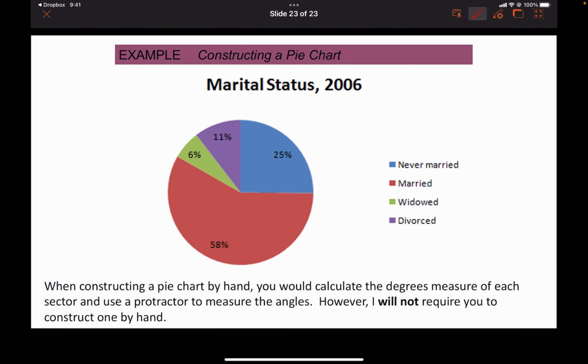You can make a pie chart with a protractor and a compass, but I am not going to require you to make one by hand. That would be really cruel and unusual punishment. I just want you to know what it is, see what it looks like, and I'm going to teach you how to make one in Excel.